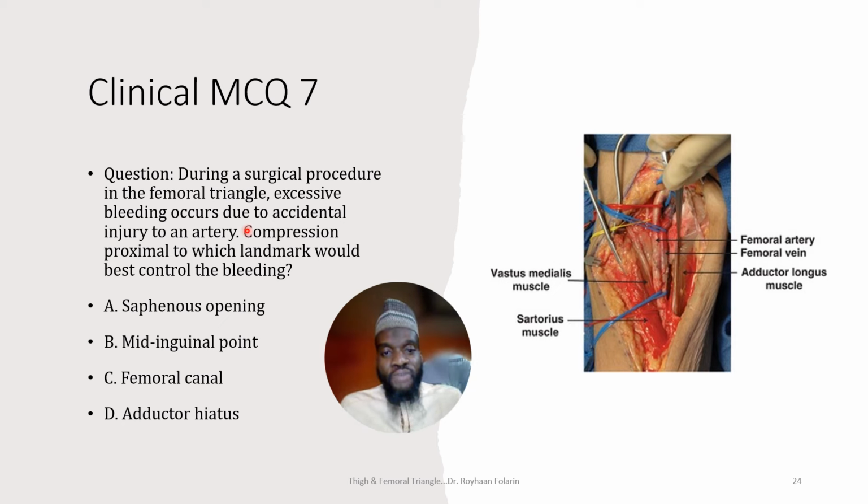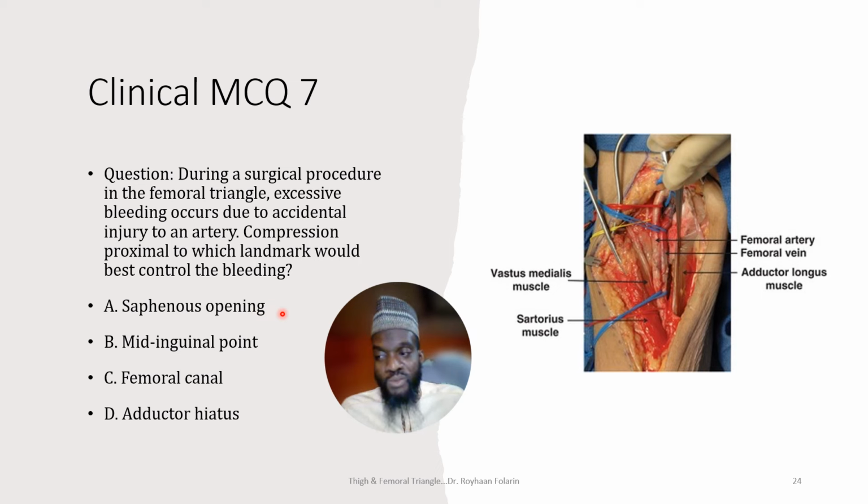We are already in the femoral triangle, and then accidentally there is an injury to an artery and there is bleeding. So if we are looking for a landmark to block the bleeding, to stop the bleeding, where should we aim for? Should we look for the saphenous opening?